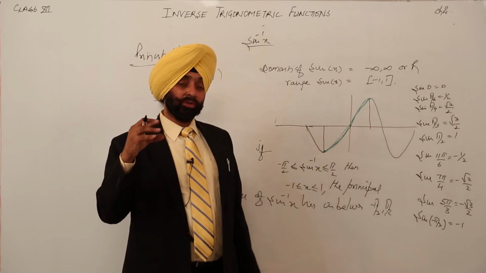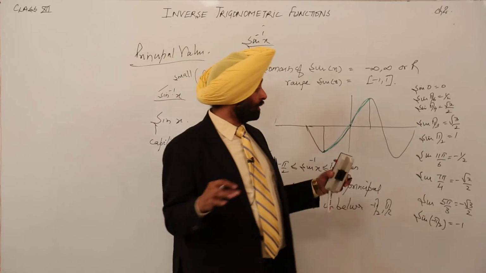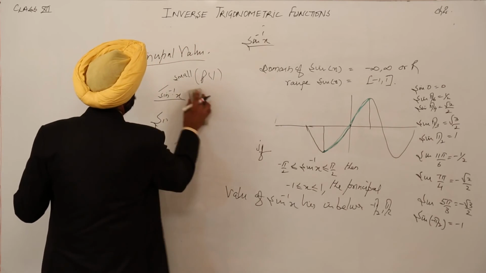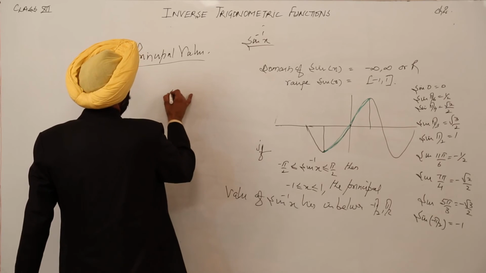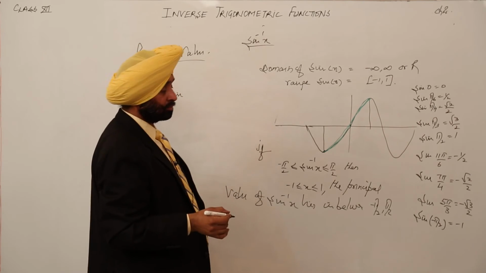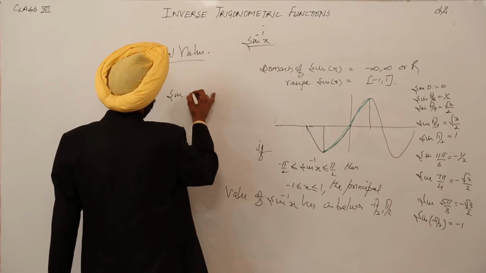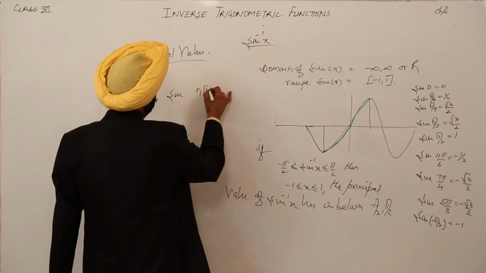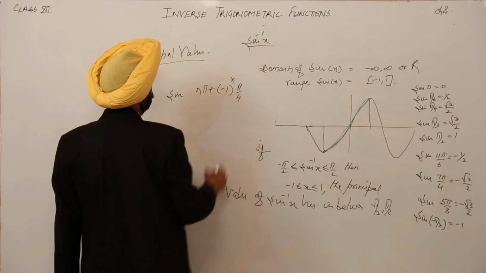Now there can be a question. Suppose we are having sine, let it be 2n pi, you can yourself write it, and here suppose it is pi by 4.